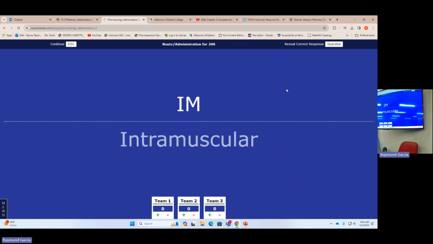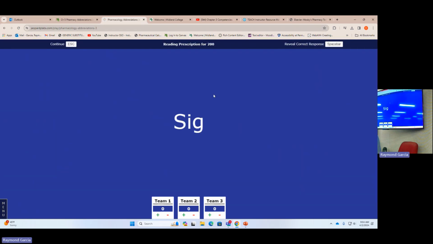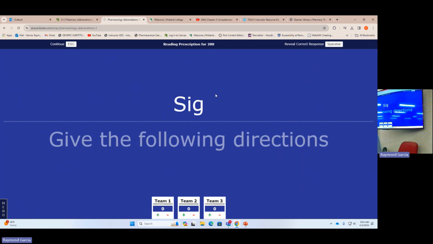Intramuscular, IM. Write on label or give the following directions. That's the SIG, which is what the directions are going to say.